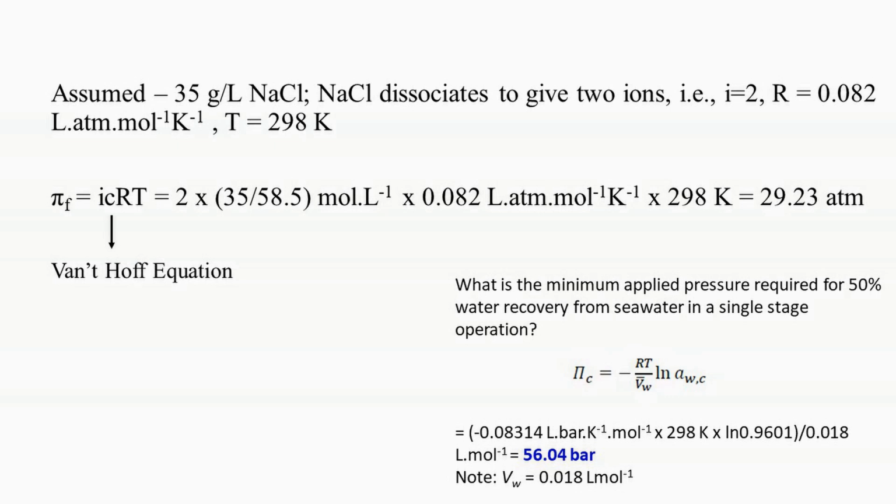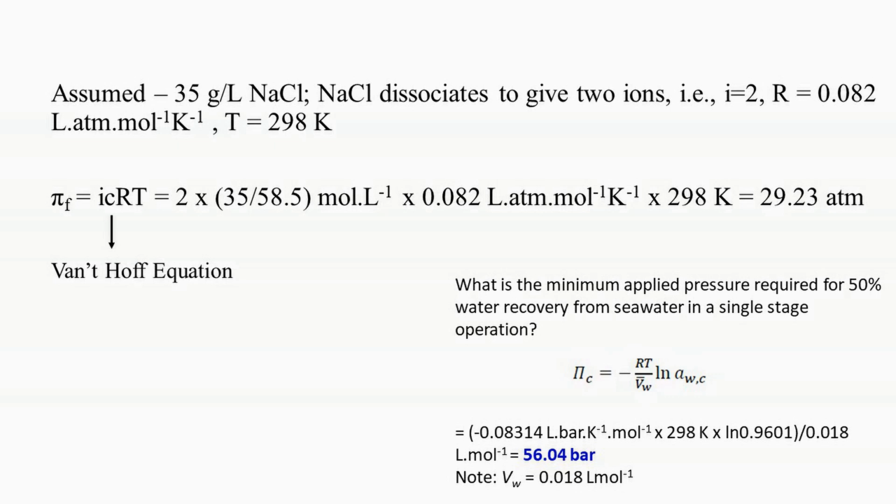And we also know the other thing that Van't Hoff showed us, that when a molecule dissociates into constituents, the osmotic pressure changes. So if NaCl dissociates into sodium ion and chloride ion, now there are two ions.